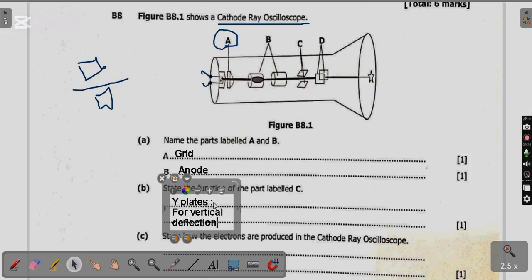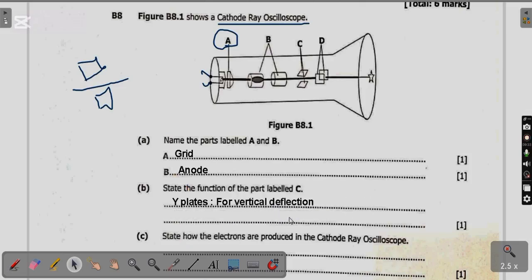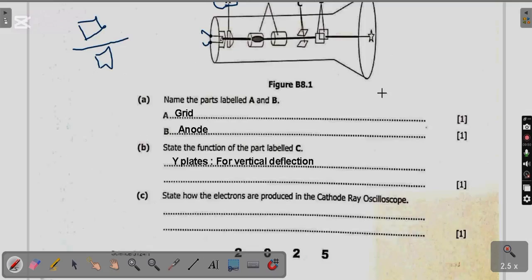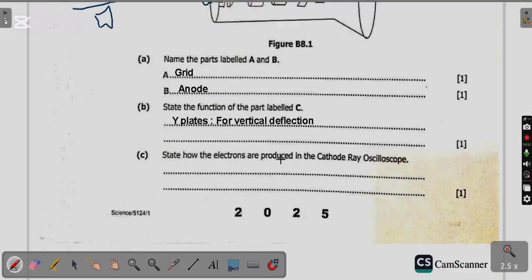Therefore, vertical deflection. So simple as that. That's the answer. Okay, so for D, these are X plates, and their function is horizontal deflection. Question C, state how the electrons are produced.